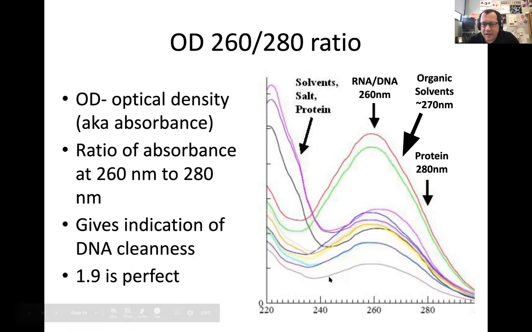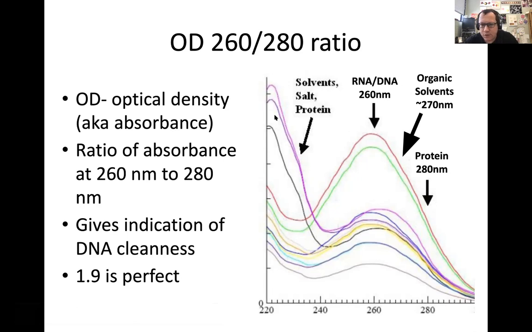Keep in mind that this will also show you other parts. Some solvents, salts and ethanol can show up in this area, proteins mostly here. What we want to see when we look at these curves is really nice sharp peaks around 260 nanometers. There's always going to be a little bit of stuff coming out over here, and that's fine.